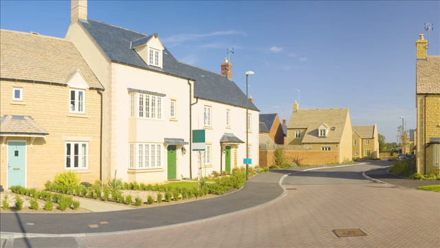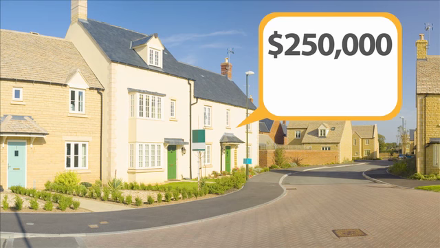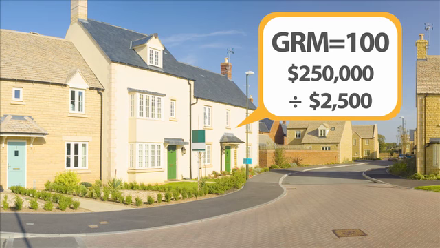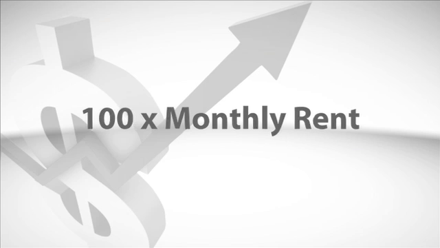So, if the home down the street sold for $250,000 and rents for $2,500 a month, assuming this was consistent with other properties, the GRM for the area would be 100, $250,000 divided by $2,500. In other words, the value of homes in this area is 100 times the monthly rent.